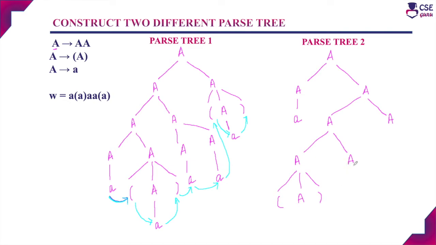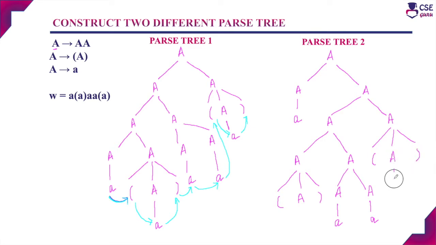And for this non-terminal A, we will apply the production rule A derives AA. Now for these two non-terminals, we will apply the production rule A derives A. And for this non-terminal, we will apply the production rule A derives open bracket A close bracket.